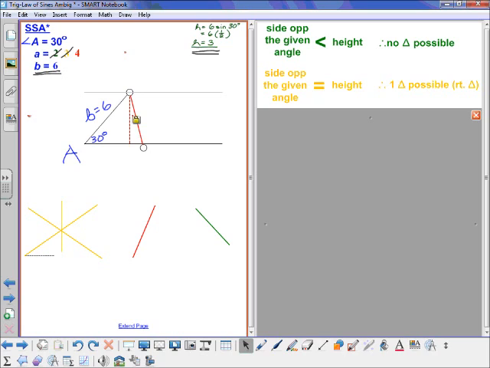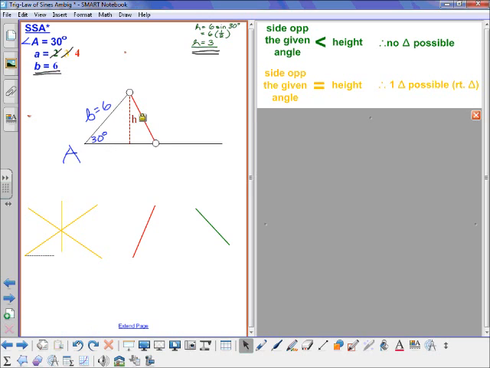So that means, let me make sure it's back at the same length, that we could have a triangle formed there. Or if I rotate this around, I could have a triangle there.